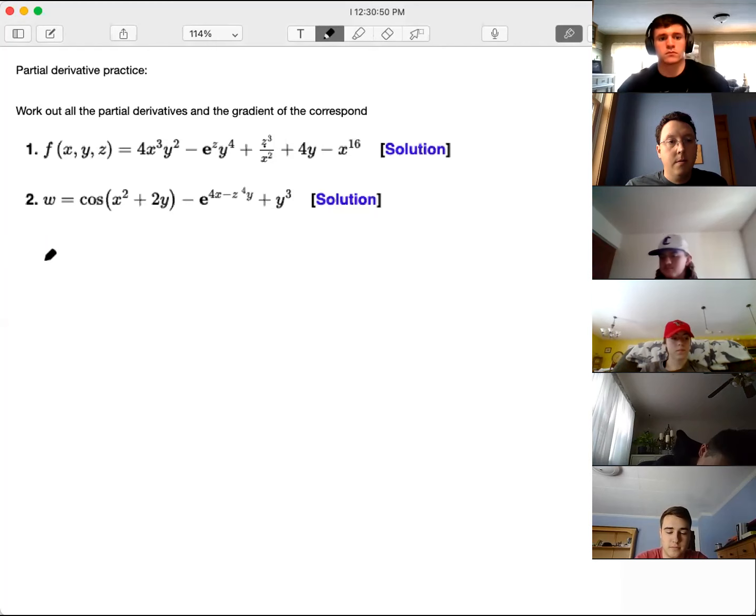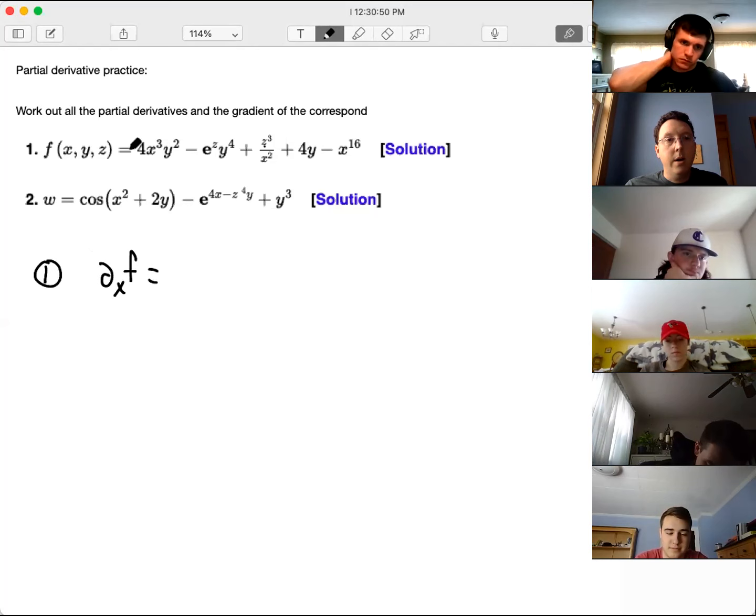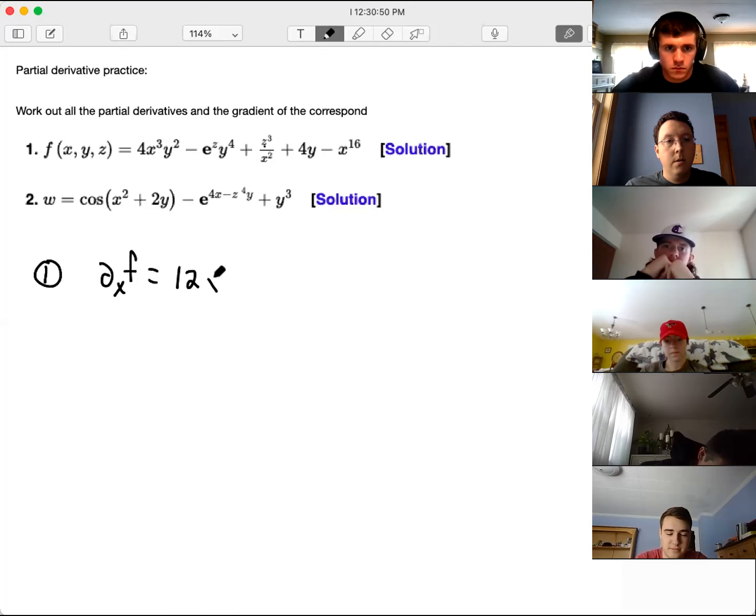For f, I would want to work out the partial with respect to x. All I do is pretend that y and z are constants. So that's going to give me 12x squared y squared. If y and z are constant, this whole thing is constant, so I ignore that.